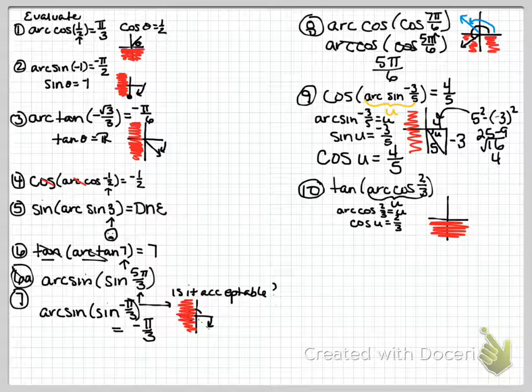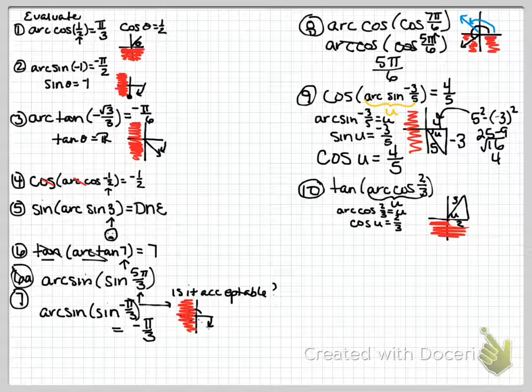So that puts my triangle in the first quadrant, where my adjacent side is, and I'm going to erase a little bit of this red so I can get that number in there. Where this is 2, and then my hypotenuse is 3.